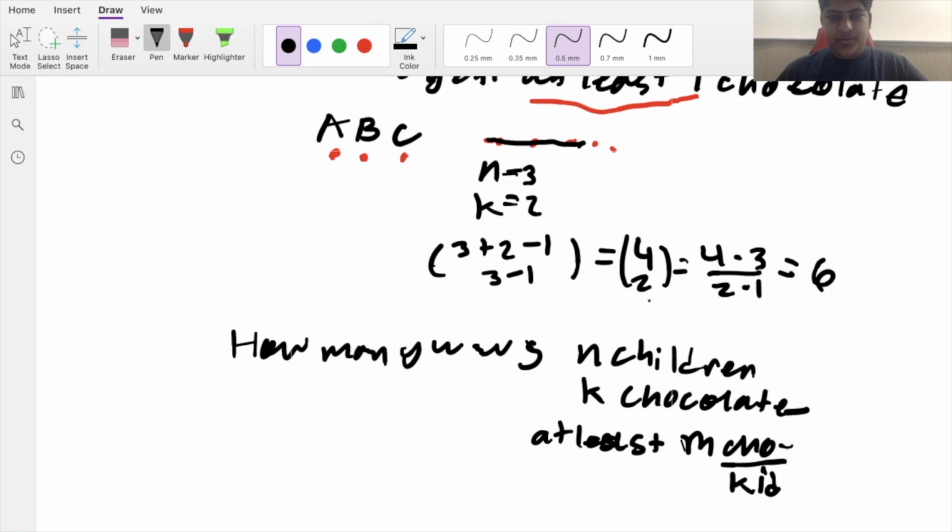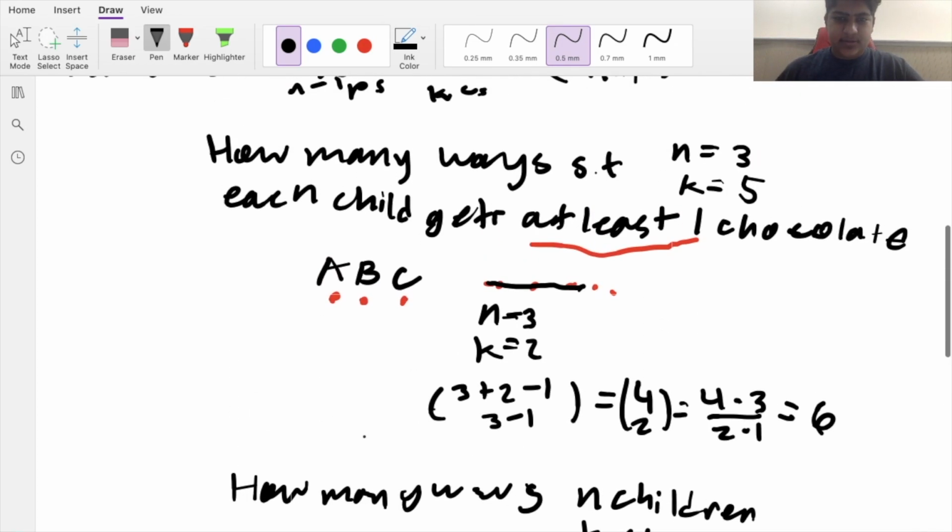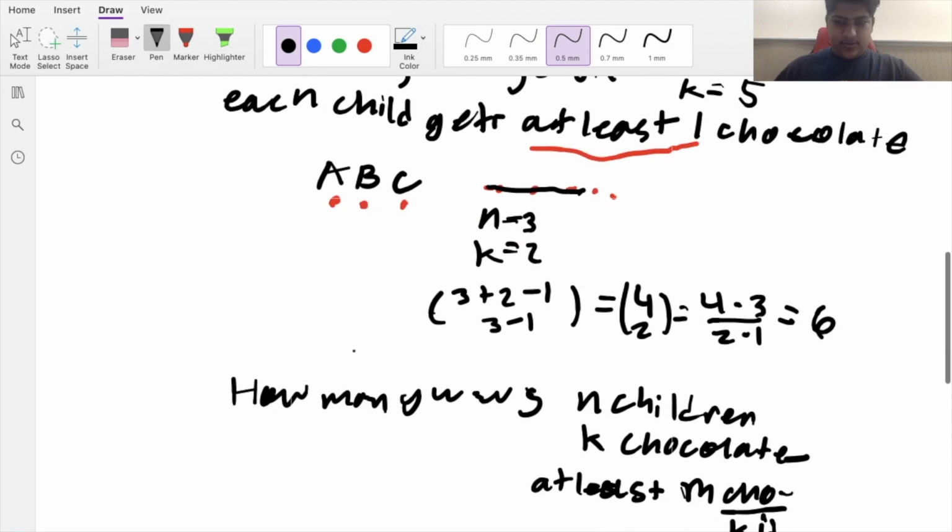Now, we can see here, in this case, we first gave 1 chocolate for each of the 3 kids.